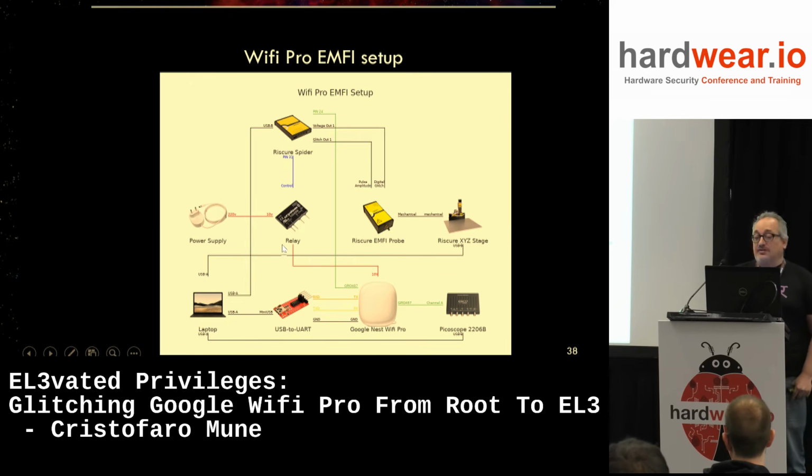We are going to use the relay power supply, which is controlled directly by the Spider. So from the Spider, we can say reset the target or not, and basically we do everything through the Spider. The Spider will reset according to our script, and will trigger the glitch on the EMFI probe, which has been positioned at a specific location.